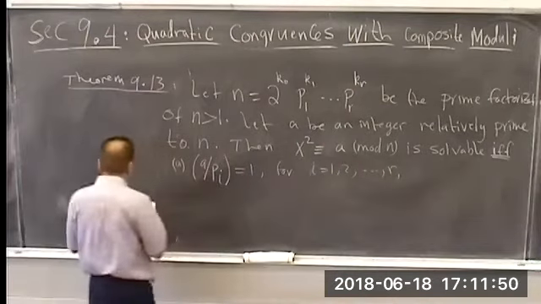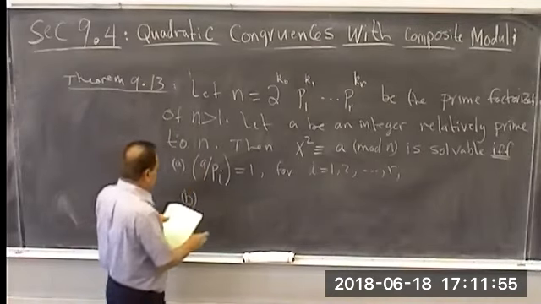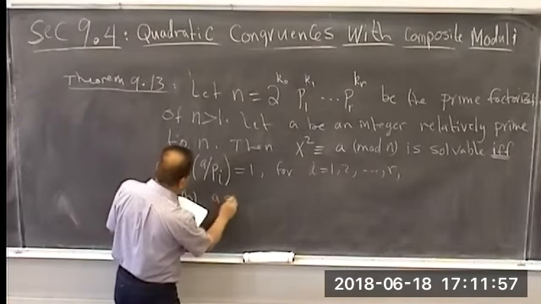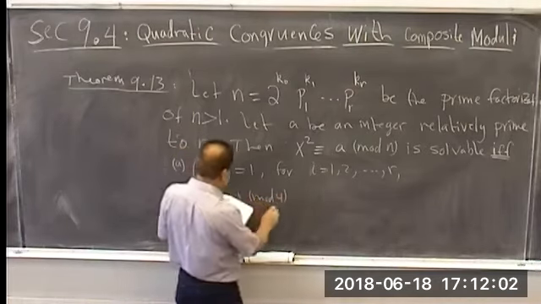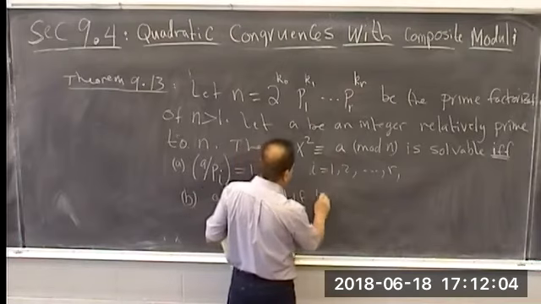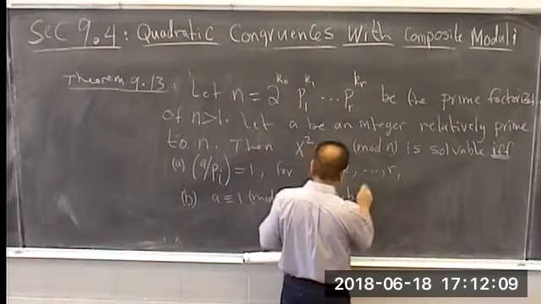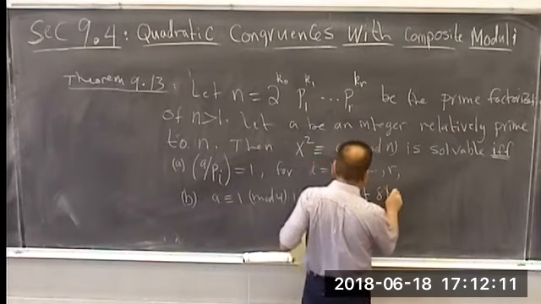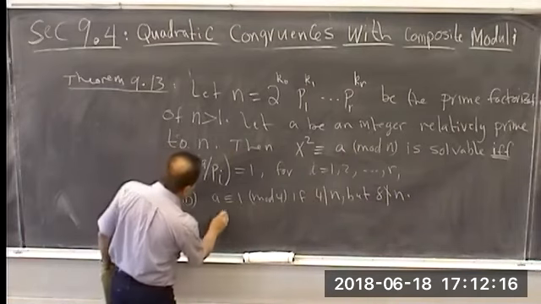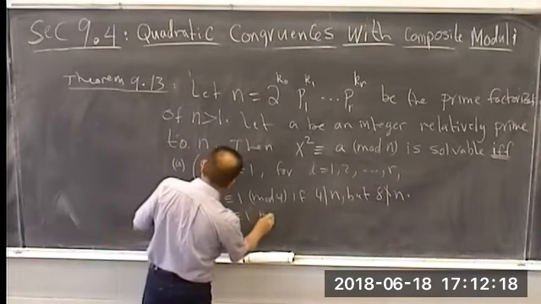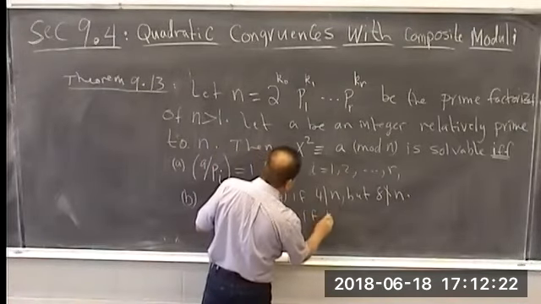And for the powers of 2, we want A congruent to 1 mod 4 if 4 divides n but 8 does not divide n, and A congruent to 1 mod 8 if 8 divides it.